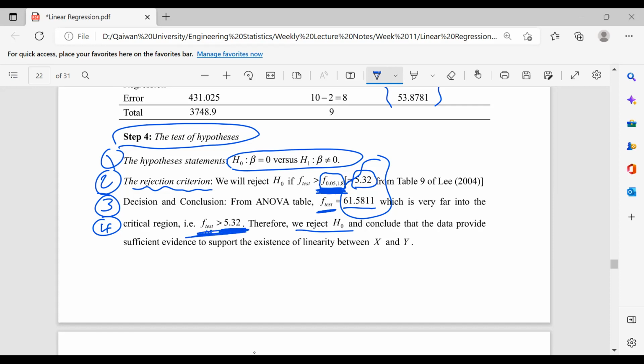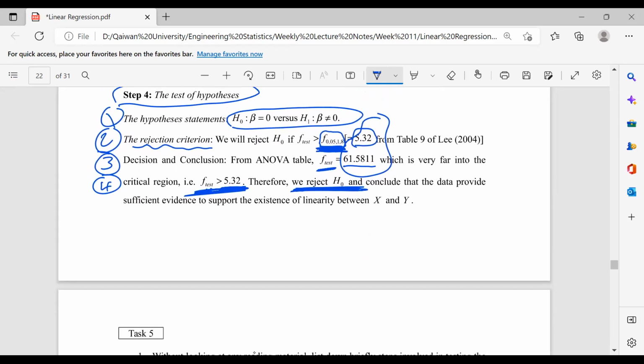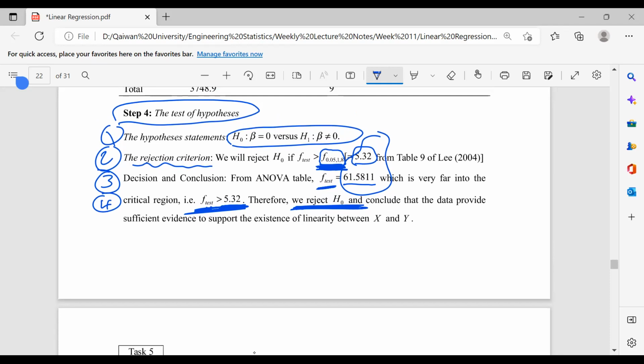In this case, the F test is in the rejection region. That means we reject H naught and we accept H1. In H1, we said that beta doesn't equal 0. That means beta is not 0.